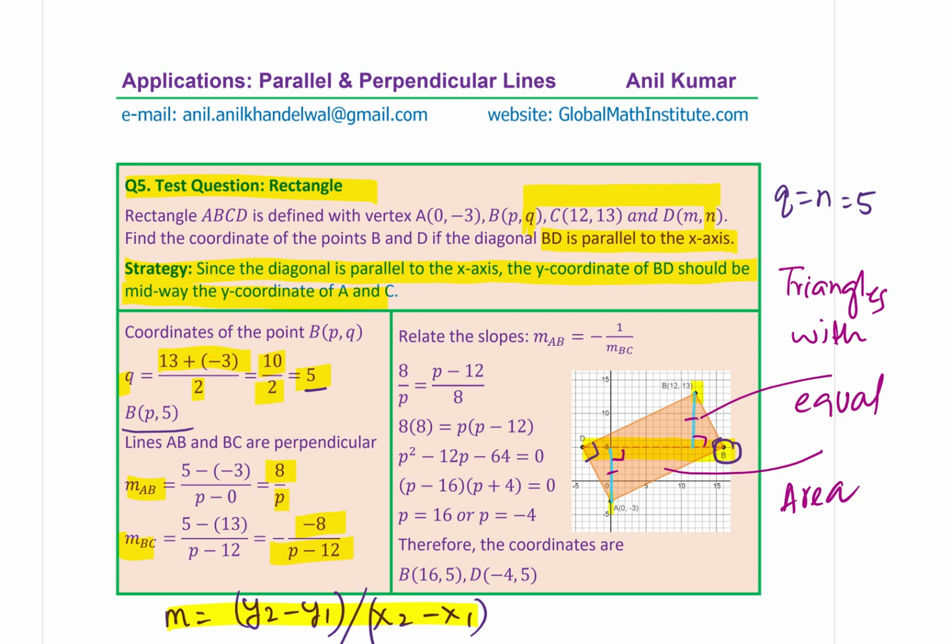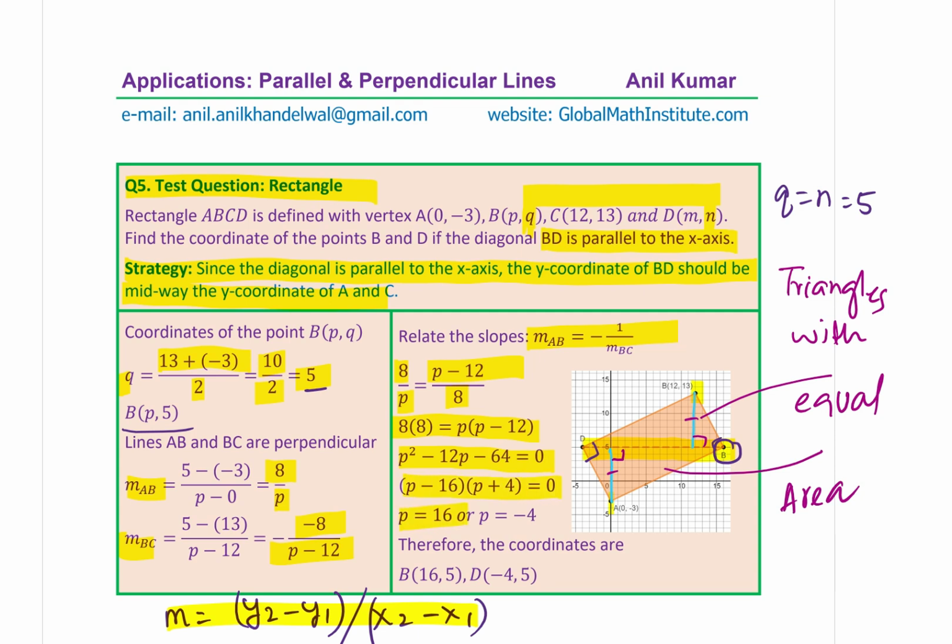Now these slopes are related, as you know, they are perpendicular, and therefore we can write 8 over p equals (p minus 12) over 8. Cross multiply. When you cross multiply, you get a quadratic equation in p: p squared minus 12p minus 64 equals 0. This can be factored to find the answer.